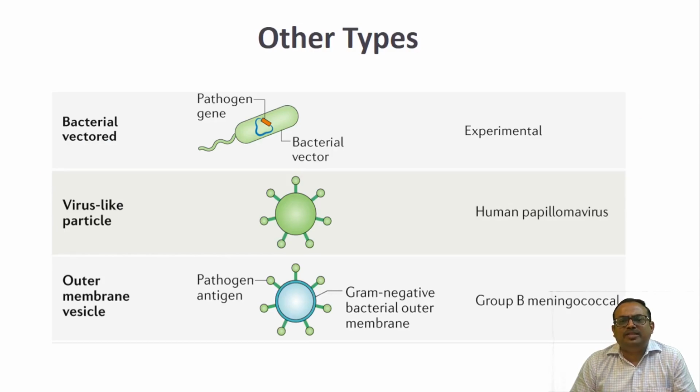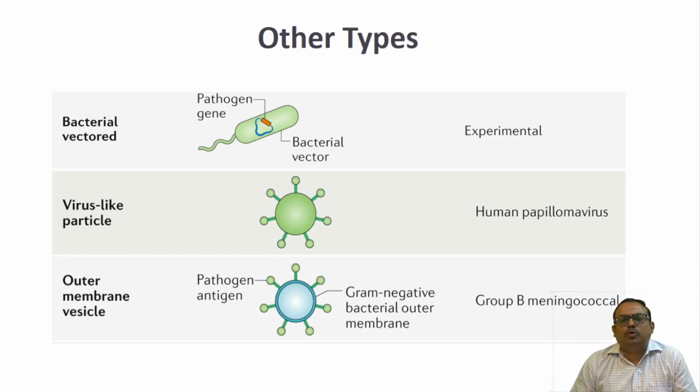Now, apart from these, there are other miscellaneous types of vaccines, which include the bacterial vectored vaccines, where the gene of a desired pathogen is introduced into bacteria, which act as a vector and introduce it into the human cell to trigger an immune response. This is under experiment.